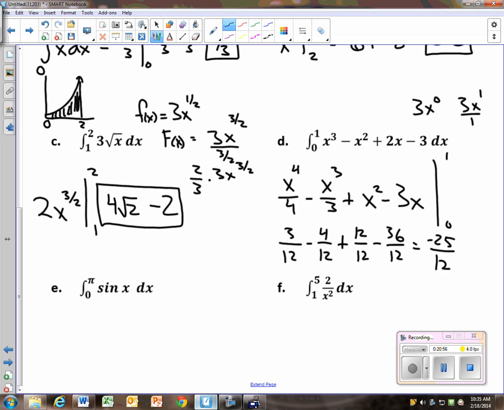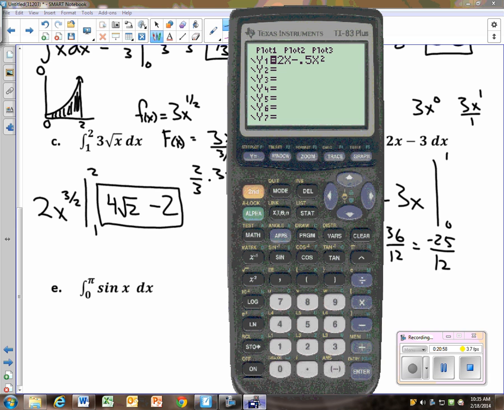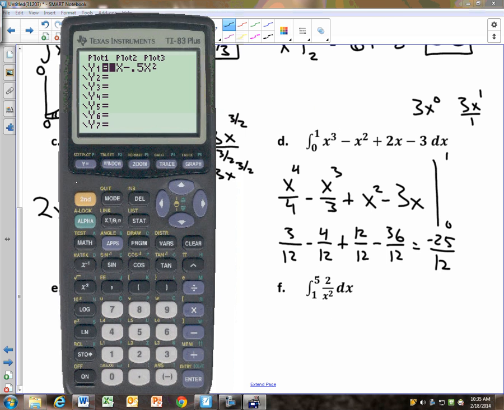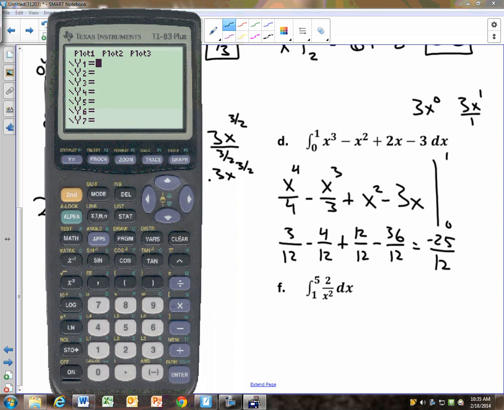So I go back to my calculator. Let's look at it. X to the third minus x squared plus 2x minus 3. And we are going to calculate number 7.